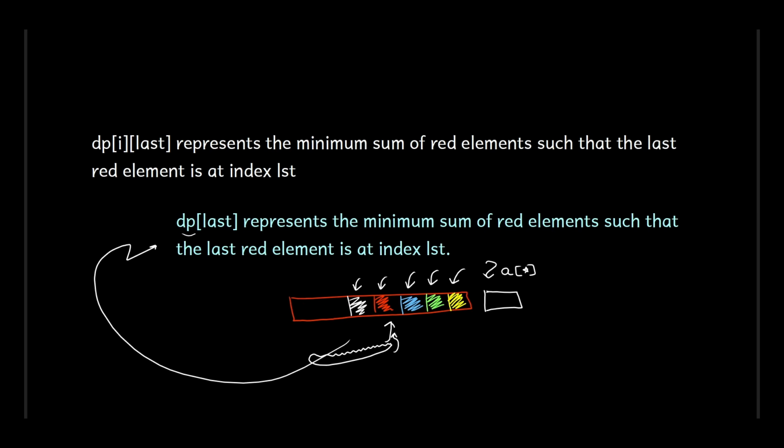DP of last represents the minimum sum of red elements such that the last red element is at index last. It means that the last element has to be a barrier. So this part we have stored. This part also we have stored in DP of blue, right? This part also we have stored. So this means that if you drop a DP parameter, the solution can still be found, okay?